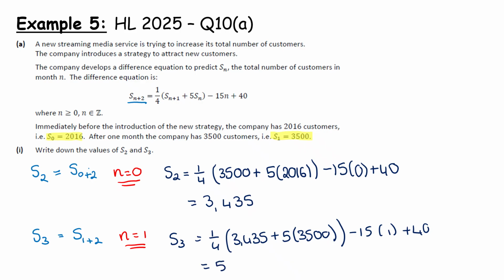And we get 5,258.75. So if you want to round that up, because we're talking about people, we're talking about customers, 5,259 customers. Equally, there's an argument there for rounding down, so you don't have that full number of customers, but we'll just do our normal rounding here.